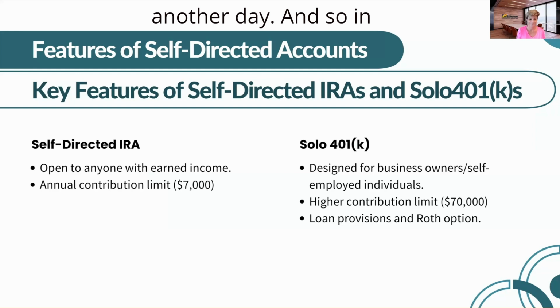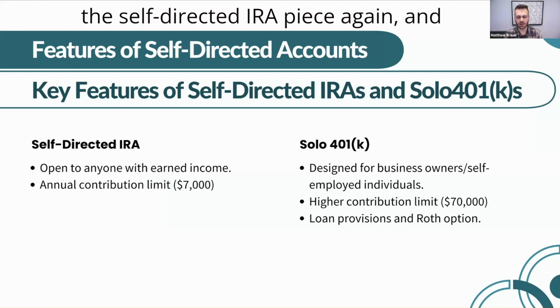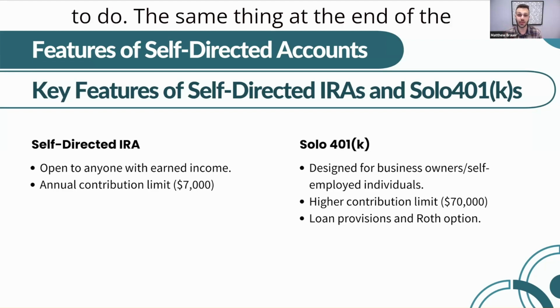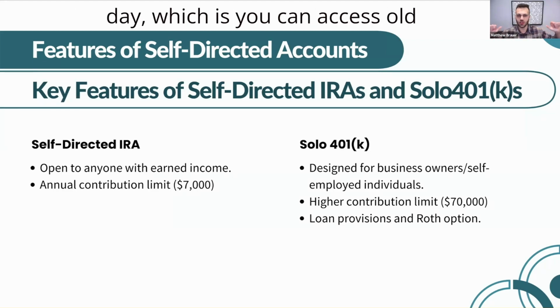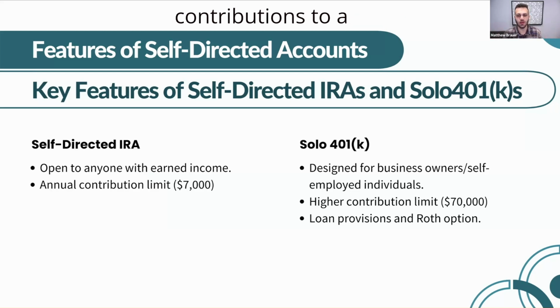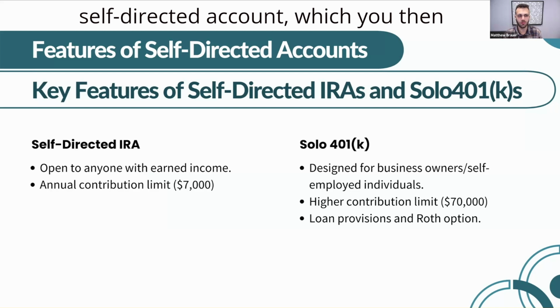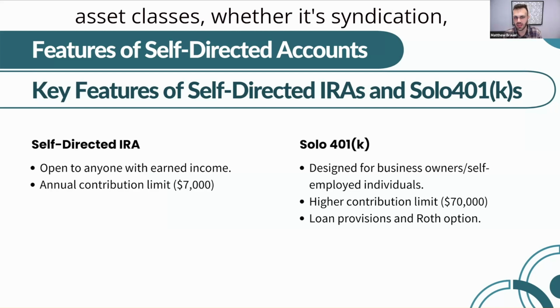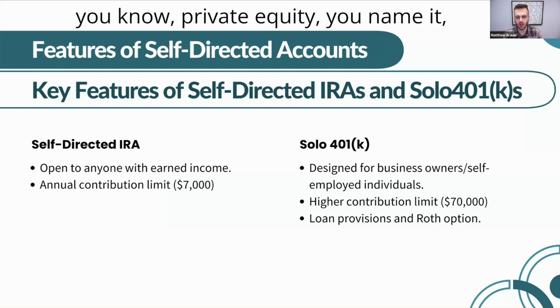In the self-directed IRA piece, again, I'll say this: both plans allow you to do the same thing at the end of the day, which is you can access old retirement accounts or make new contributions to a self-directed account, which you then invest into those alternative asset classes, whether it's syndication, private equity, you name it.